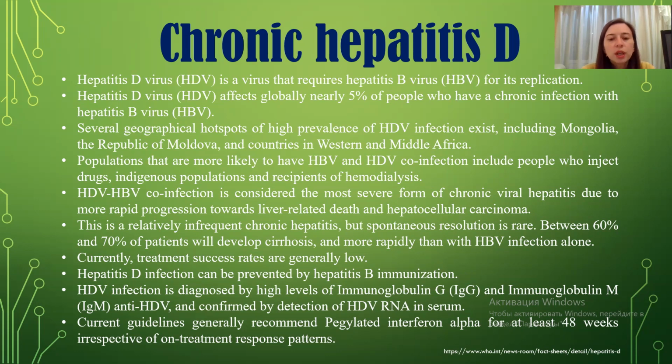HDV infection is diagnosed by high levels of immunoglobulin G and immunoglobulin M anti-HDV and confirmed by detection of HDV RNA in serum. Current guidelines generally recommend pegylated interferon alpha for at least 48 weeks, irrespective of on-treatment response patterns.